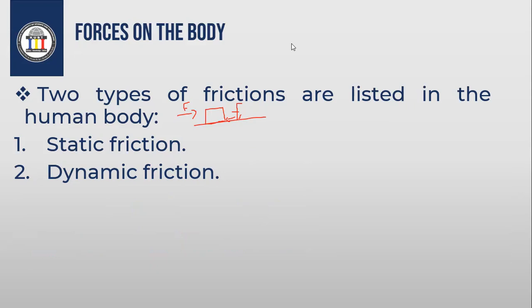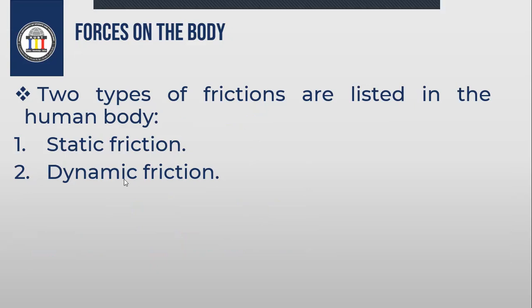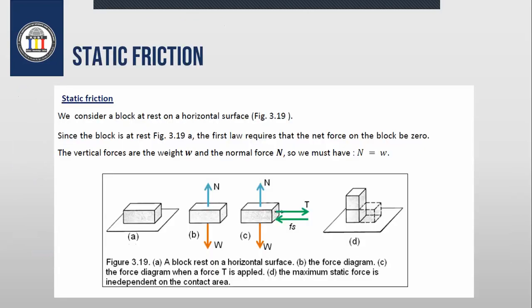And we have two types of friction: static friction and dynamic friction. Let's start with static friction. Static friction is the beginning of the movement.